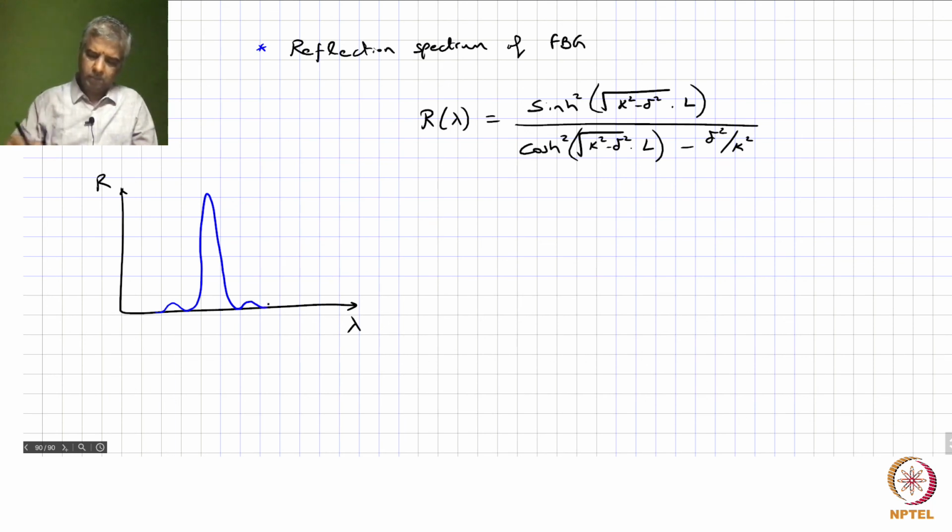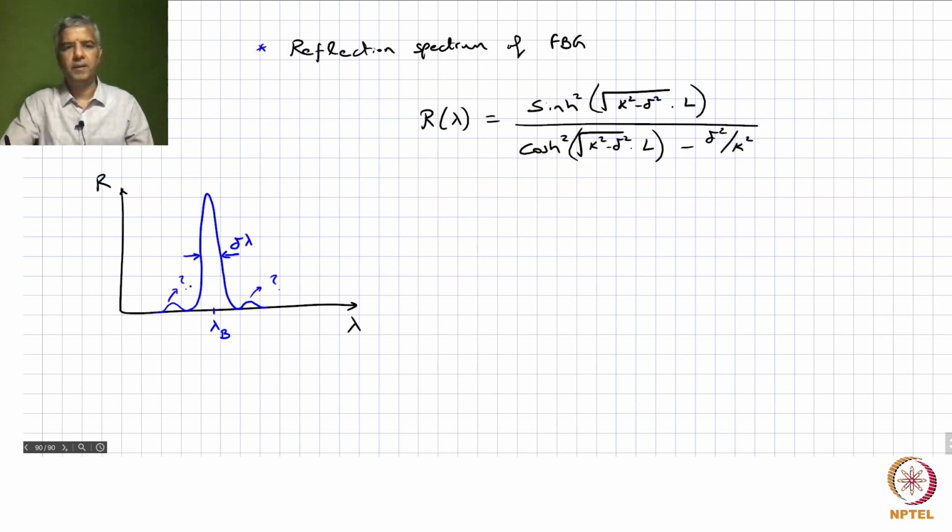The center, we know, corresponds to lambda B, but the question is what about the width of that peak, delta lambda, and what can we do about these side lobes? Can we possibly get rid of those side lobes? Those are the kind of things that we want to look at next.